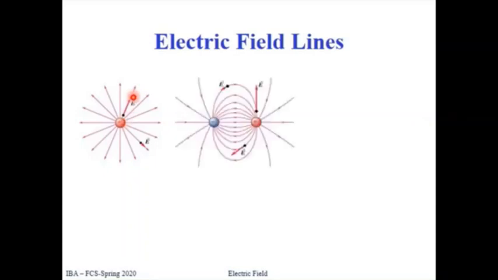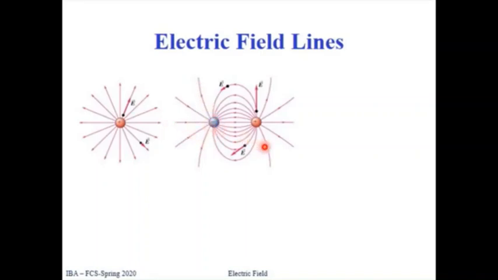If you have one positive and one negative charge, then we already know that the positive charge is considered a source charge because the lines of force evolve from this charge, and the negative charge is considered a sink charge because all of the lines of force sink into this negative charge.